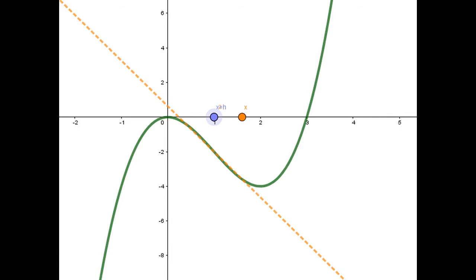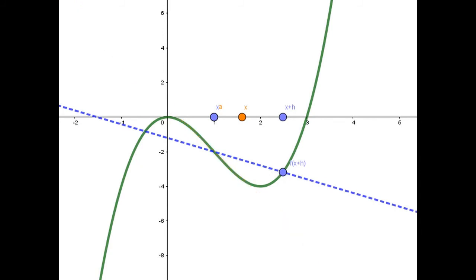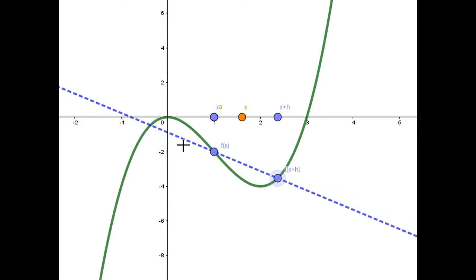So these two points, instead of a and x, I can have these two points be x and x plus h. There we go.